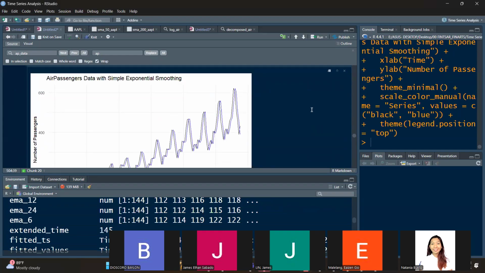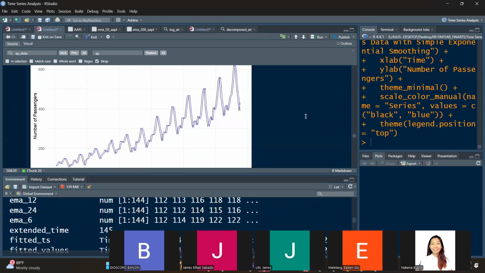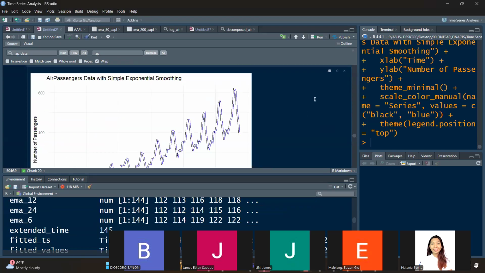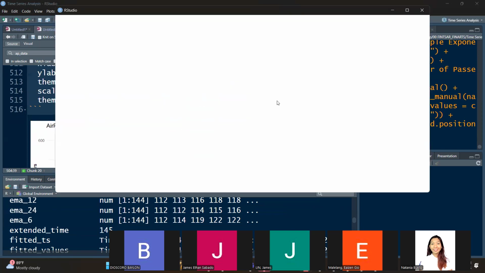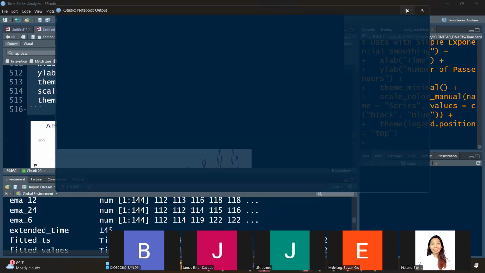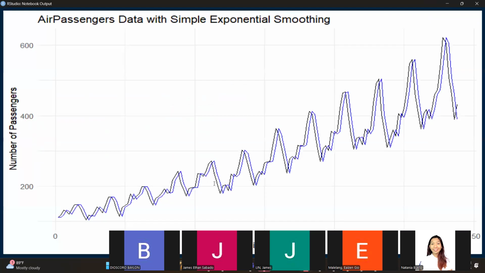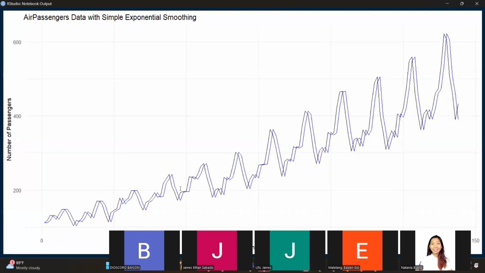So what do you observe about this simple exponential smoothing? The black one is your original data. The blue one is your forecasted data. You notice that your blue one follows your original one, only that there seems to be a lag.